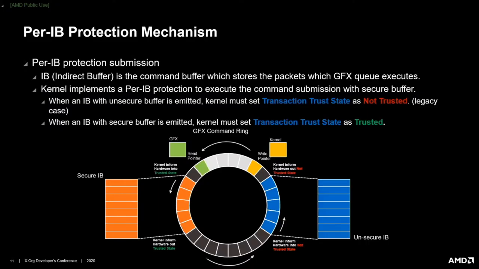For now, let's talk about the per-IB protection mechanism. What is the IB? Let's say the indirect buffer.